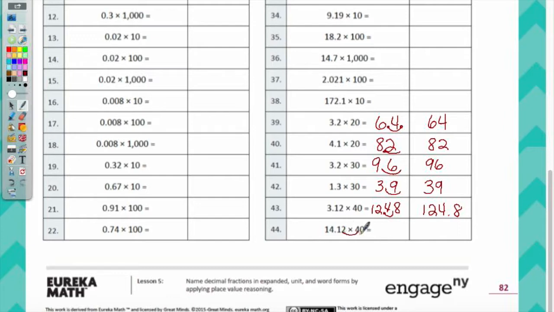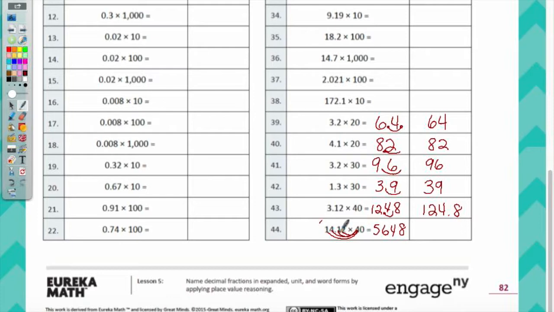So 2 times 4. What is it? 8. And 1 times 4. 4. And 4 times 4. Uh-oh, regrouping. Where could I put that 1? Over here? What's 4 times 4? 16. Now I do 1 times 4 again, 4, plus that 1 I carried. 5.